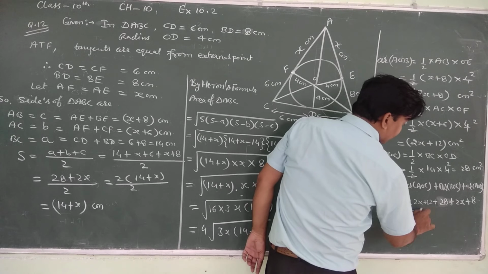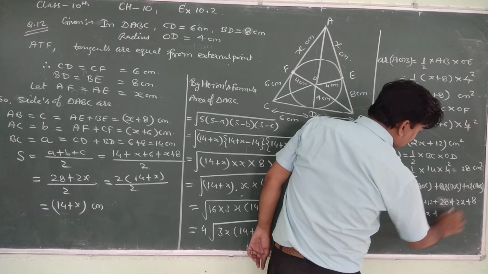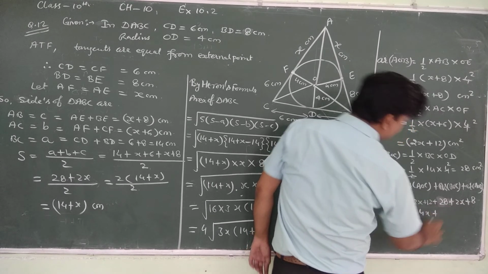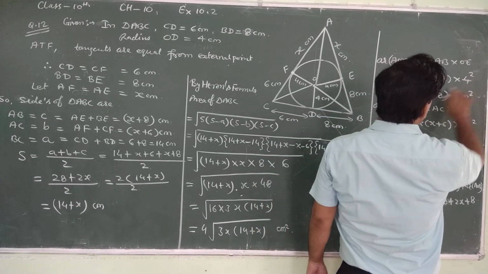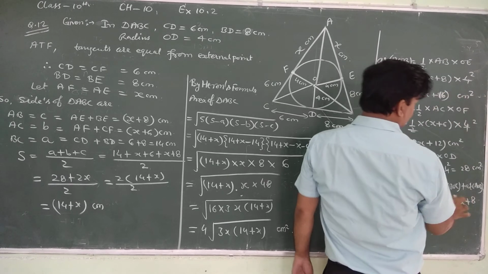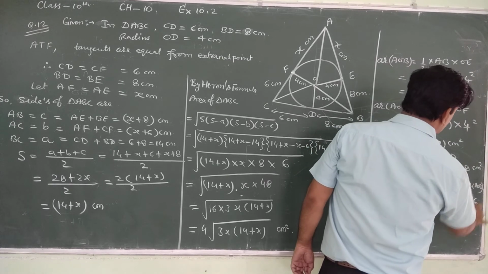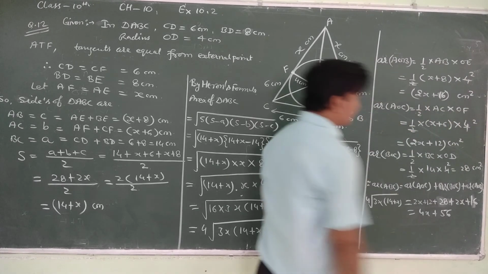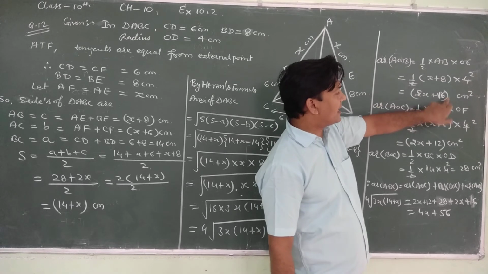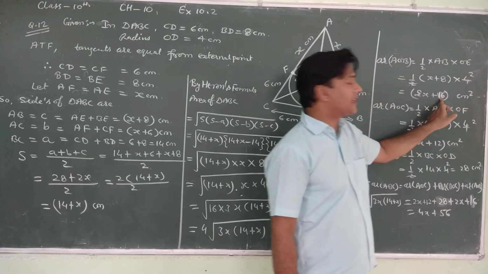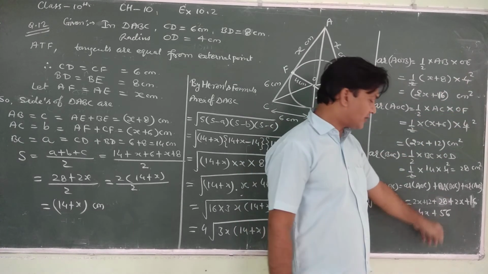Adding all these, 4x plus 48. Here it is 16, sorry, so we have 16 plus 28, that is 56 in total. By mistake when I wrote 8 multiplied by 2 is 16, that's why we are using this.